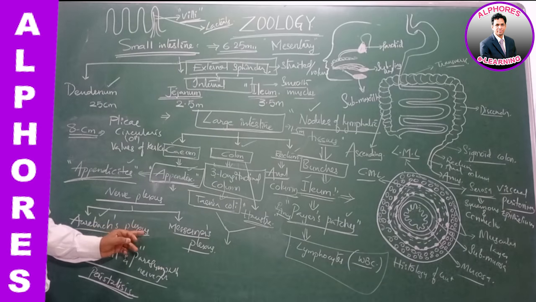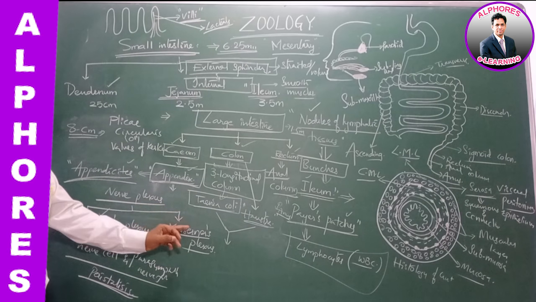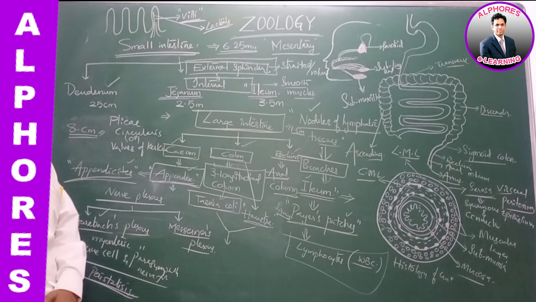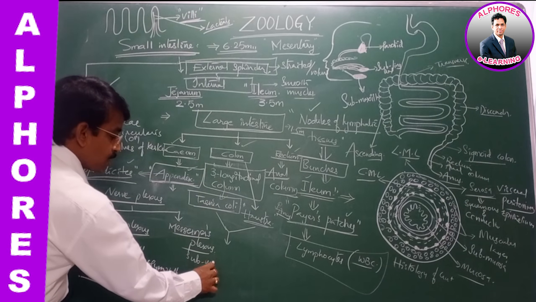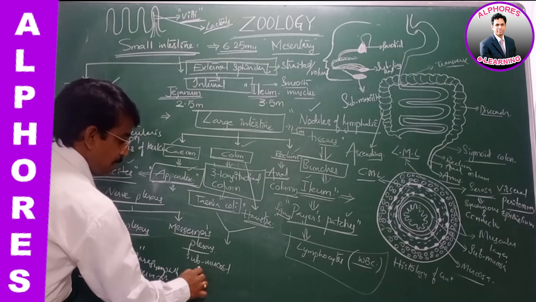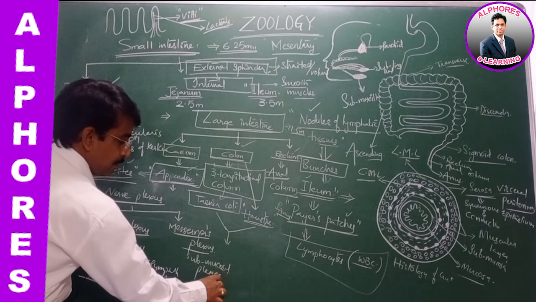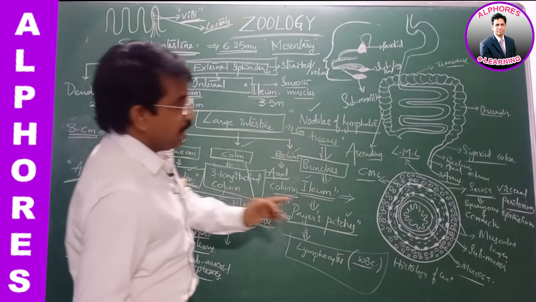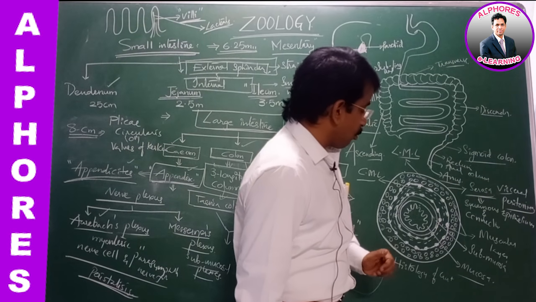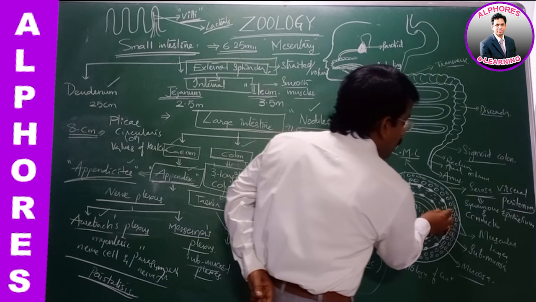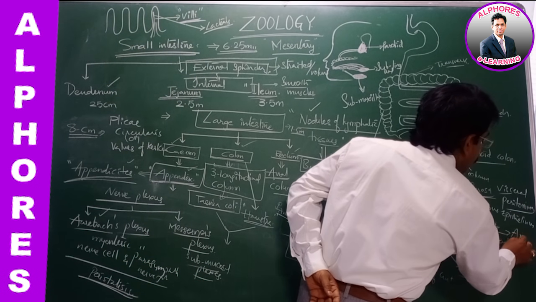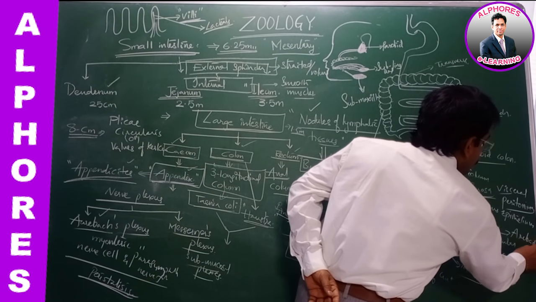So Auerbach's plexus is one. The second one is Meissner's plexus, which is also named the submucosal plexus. Why? Diagrammatically we came across one more plexus, this is the Auerbach's plexus.